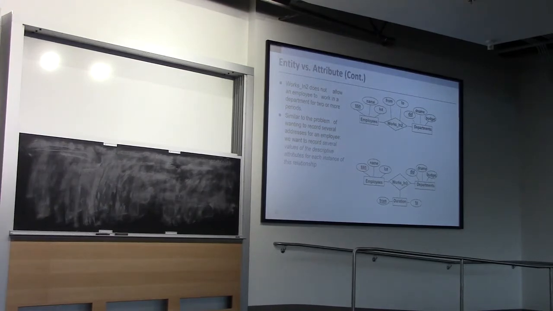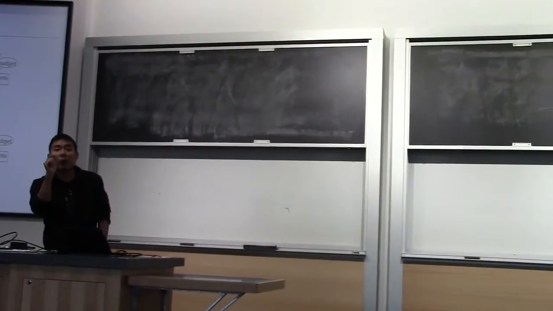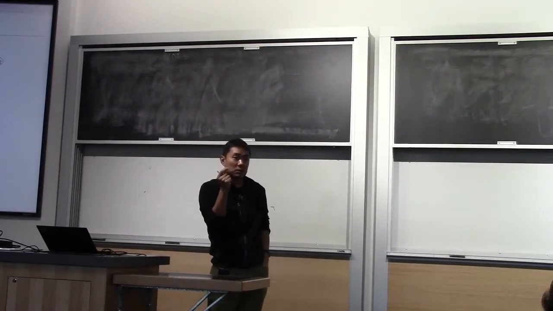Because it's an attribute, so you can't have more than one instance of it. Excellent. Because in your design, you chose from and to as attributes of that relationship. You can only have one instantiation, one value for each of those attributes.